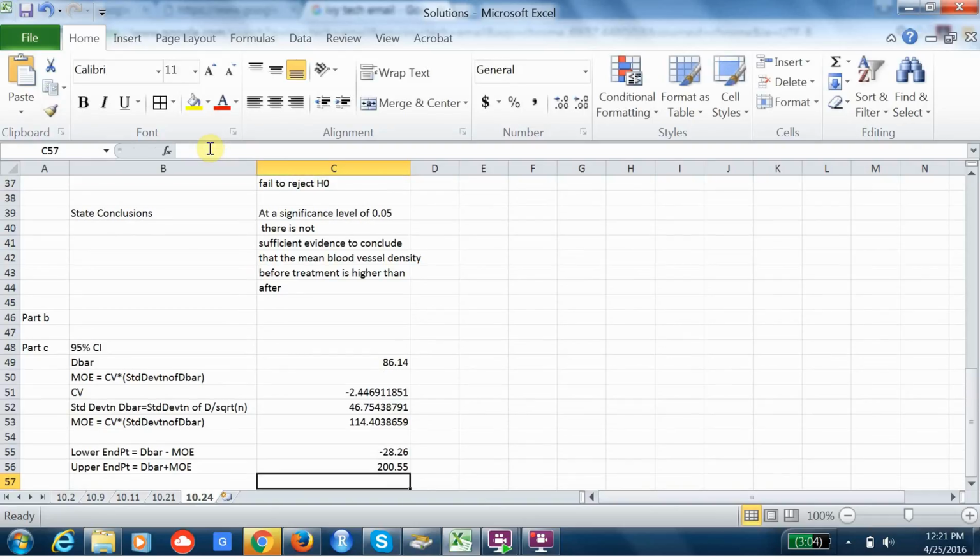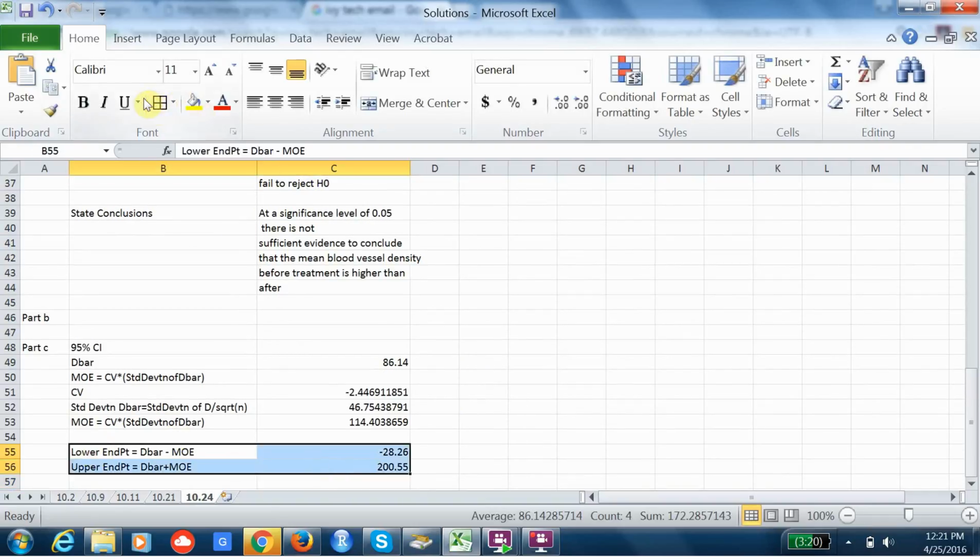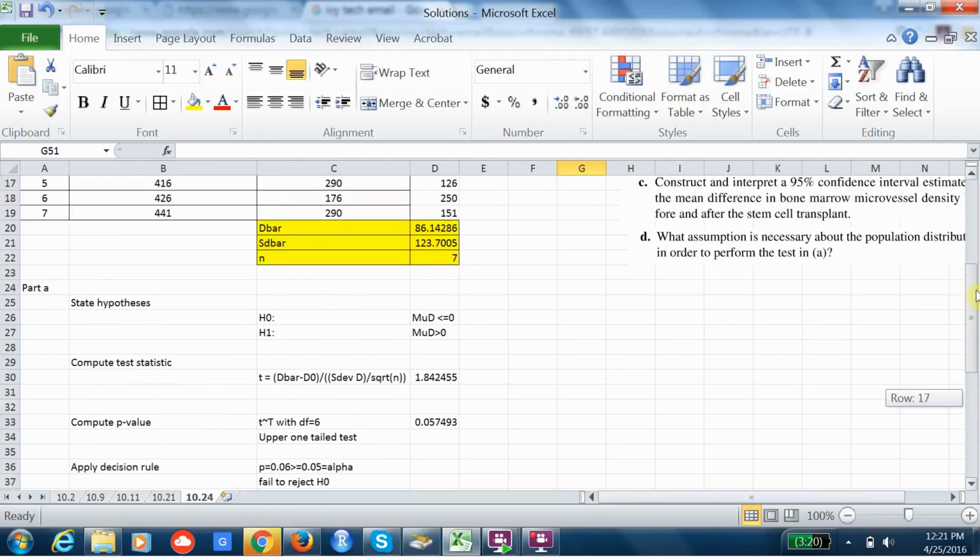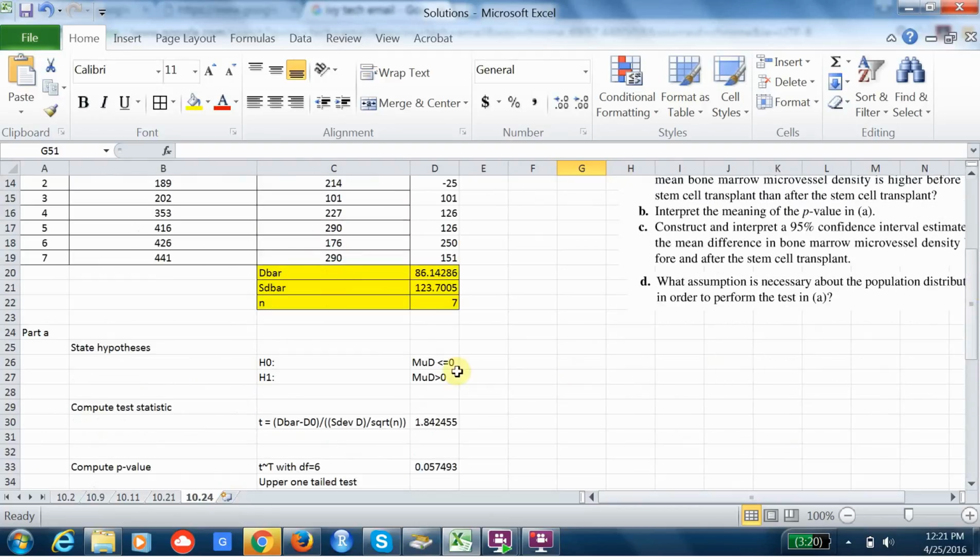Okay. Now notice something interesting. We did not reject the null hypothesis. So remember, when we failed to reject the null hypothesis, this value right here, okay, the book would call this D, and there's a lot of D's floating around, so it gets to be kind of crazy, but this is essentially the thing that we're testing the mean against.